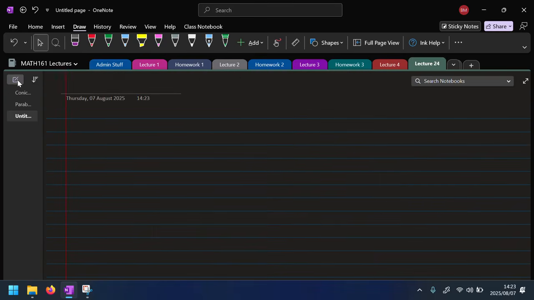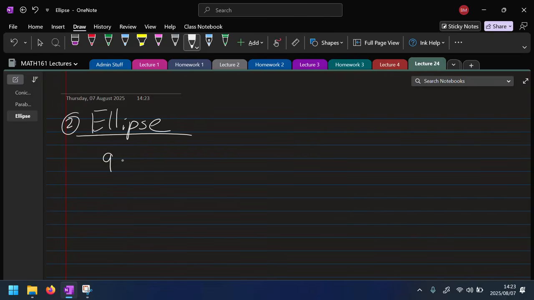Okay, let's have a look at the ellipse. So we've got an example here, 9x squared minus 18x plus 4y squared is equal to 27. Again, first thing, this is not in standard form.